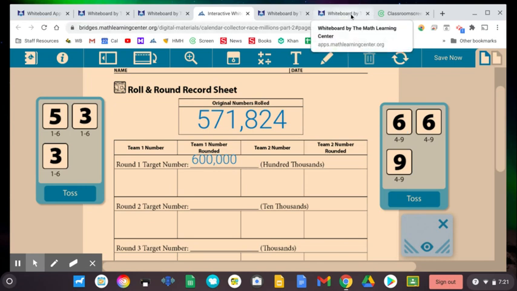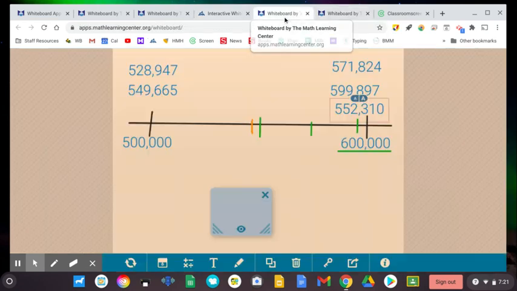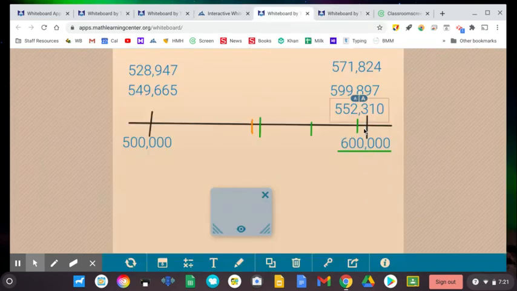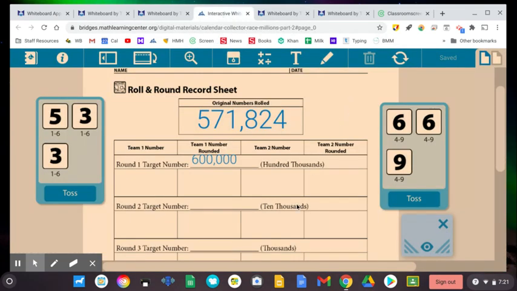For it to be 600,000, we would want the number so that it rounds to this. If I would continue my number line on from 600,000 to 700,000, when we would place our number on this number line, it would have to be less than the halfway point between 600 and 700,000. So think about the halfway point. That would be 650,000, just like the halfway point here is 550,000.